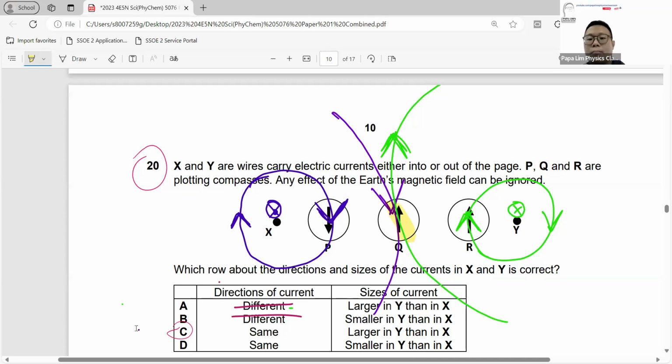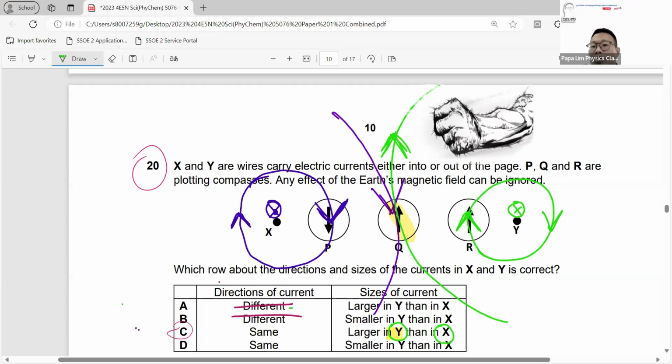That means my current in Y must be larger than in X, so that the field line by Y will be stronger than X, and eventually at Q the direction still follows the magnetic field line by Y. So the answer here will also be C.